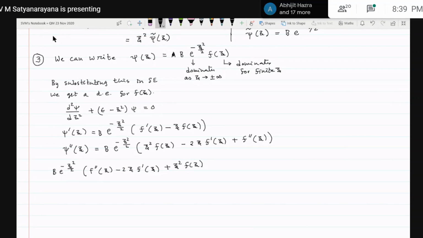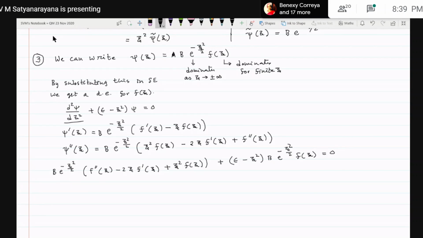This is this term, that is psi double prime. Okay. Plus epsilon minus xi square into b e to the minus xi square by 2 into f of xi is equal to 0. This is psi.